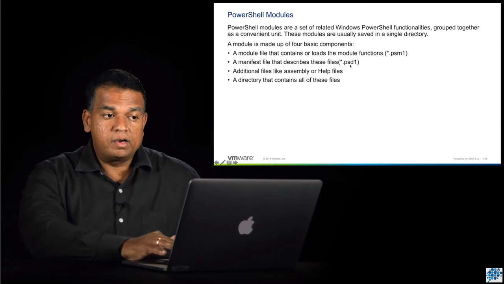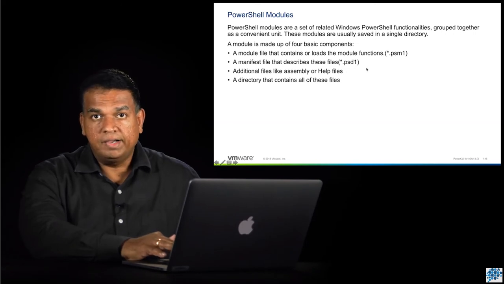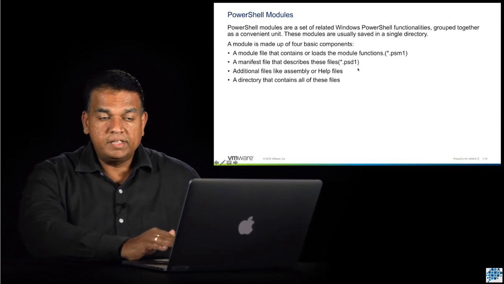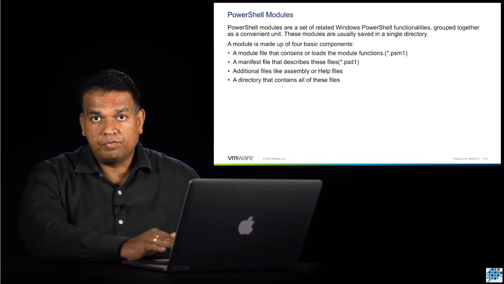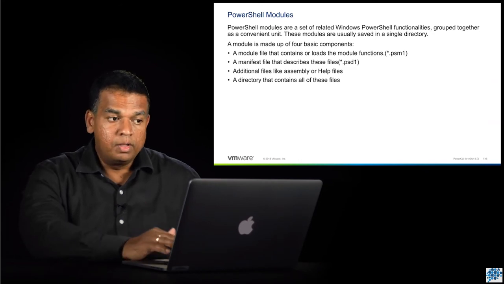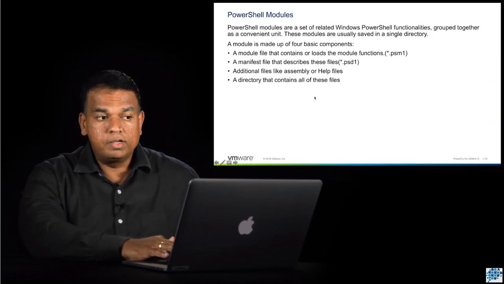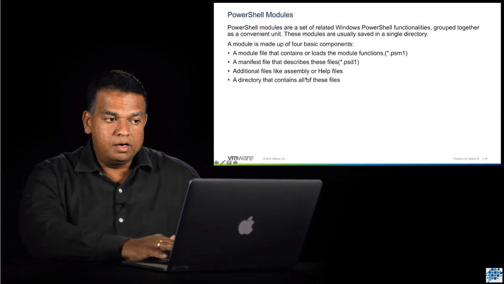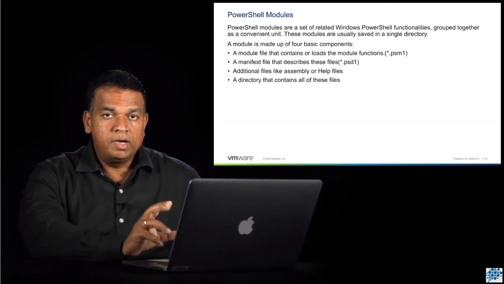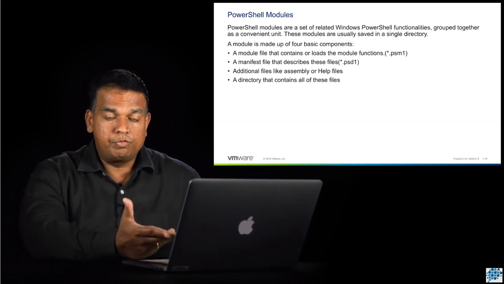These are stored in a file ending with the extension .psd1. So the .psm1 file and the .psd1 file are the very important files which constitute your module. Other than that, in the module folder you will find other files like assembly or help files. And all these are contained in one directory, and the directory will have the name of your module.